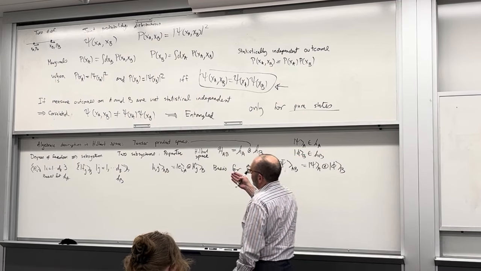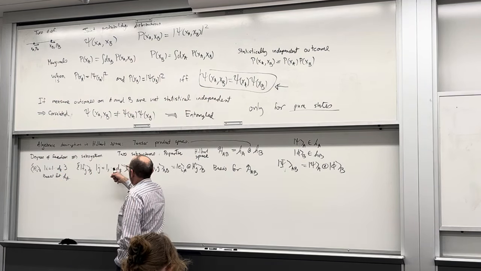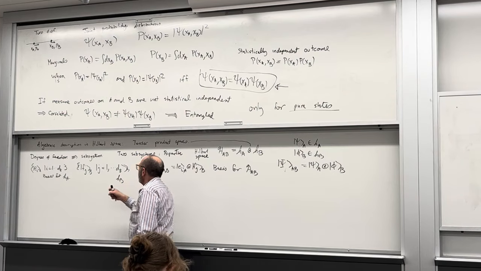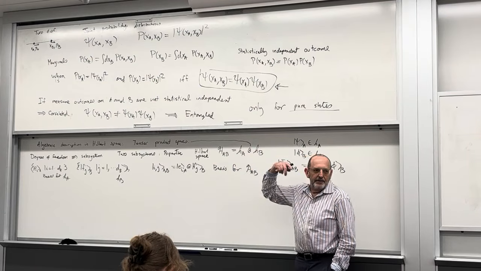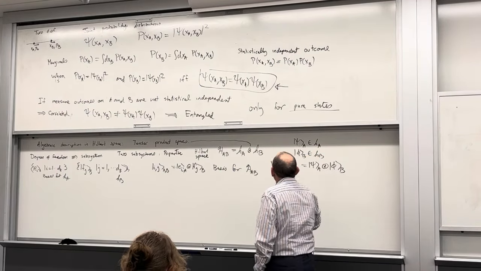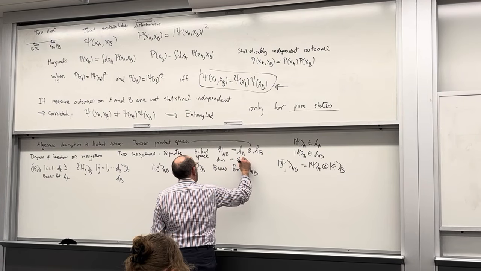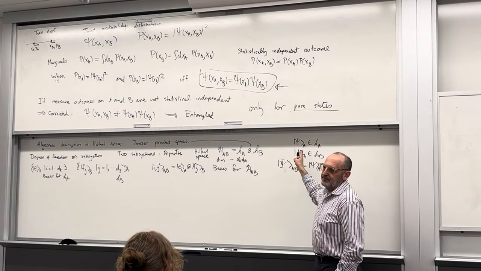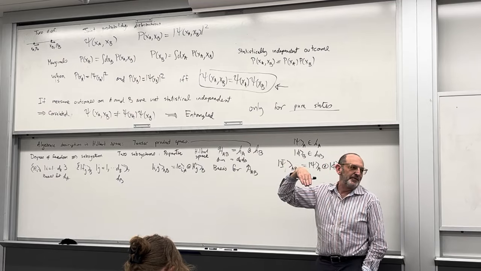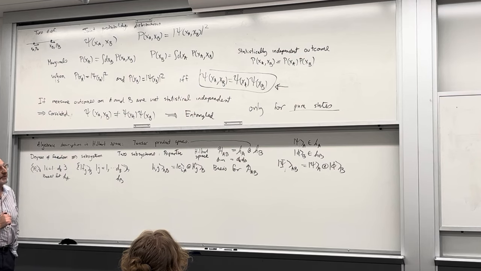So if the dimension of Hilbert space A is d_A, and the dimension of Hilbert space B is d_B, then the dimension of the joint space is the product of the dimensions, right? And obviously that reminds us that when we have multiple subsystems, the dimension grows very fast. It will grow exponentially with the number of subsystems. Right.